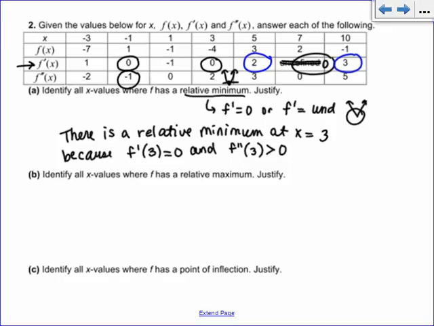So this is by the second derivative test. Someone in the first class asked, can I just say by the second derivative test? I would list these somewhere, because a lot of times you get a point just for listing those things.